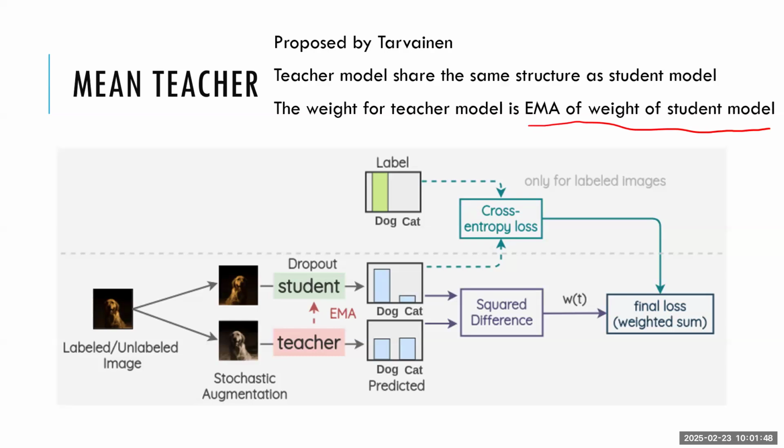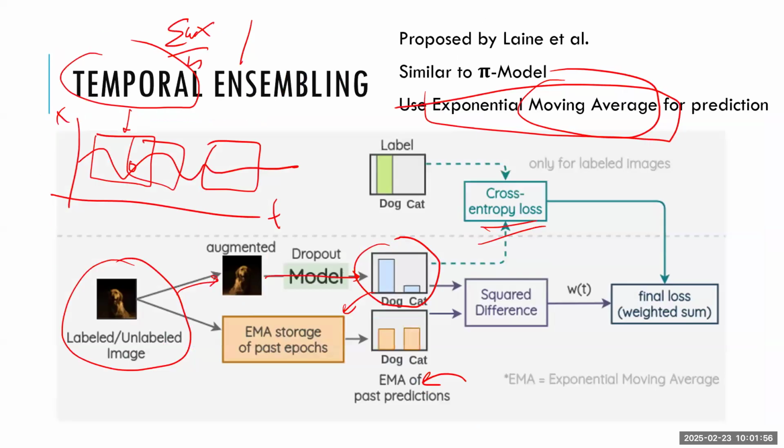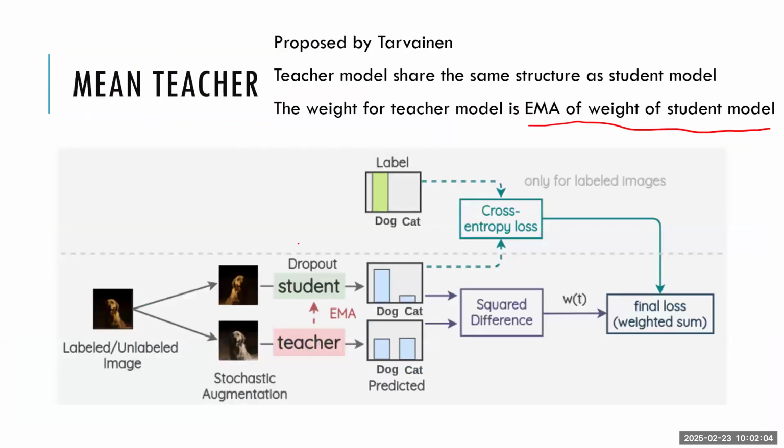So at every iteration, the model that we get will always be the student, right? So we train the student with both label and unlabeled data.